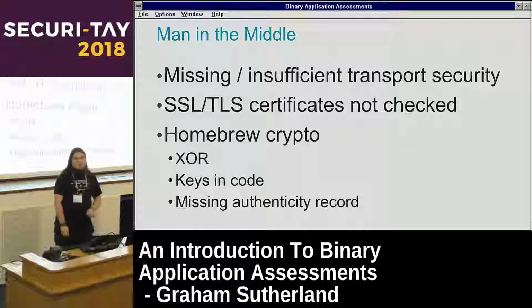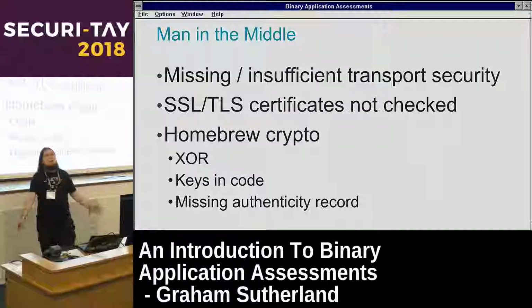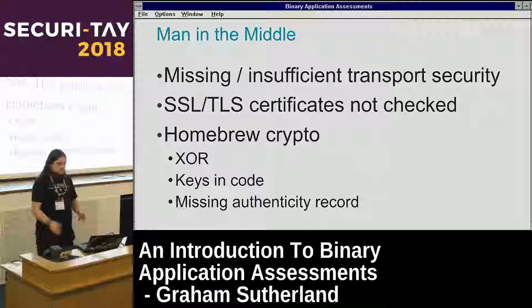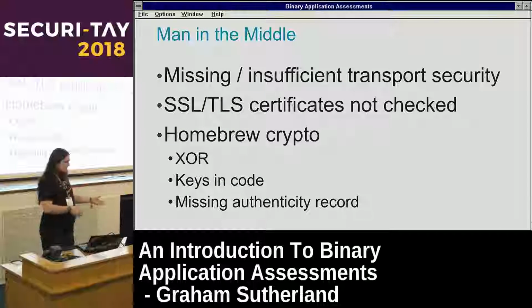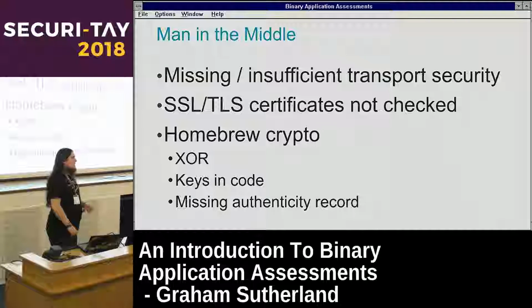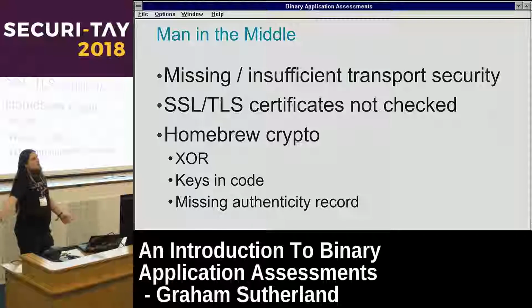Missing and insufficient transport security is an incredibly common vulnerability that we run into. Something's talking to some service on some port somewhere. It might be HTTP traffic, it might be some random binary protocol that they came up with.